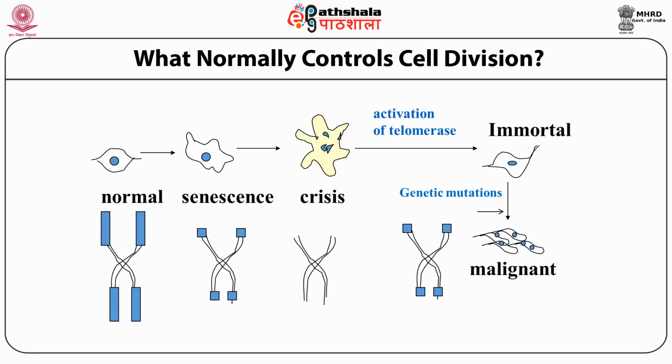However, at crisis, few cells activate the telomerase, thereby maintaining the telomere length. And these are the cells which then become immortal. And in the later steps, these immortal cells will have more genetic or genomic instabilities, thereby converting them into a malignant cell. Let us now understand how genetic instabilities arise.